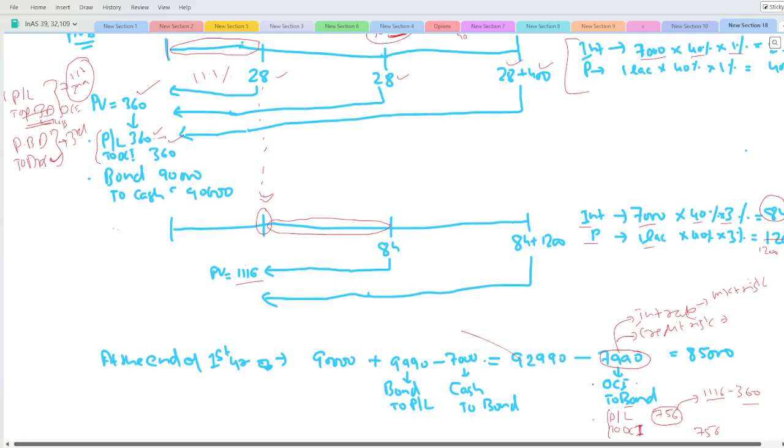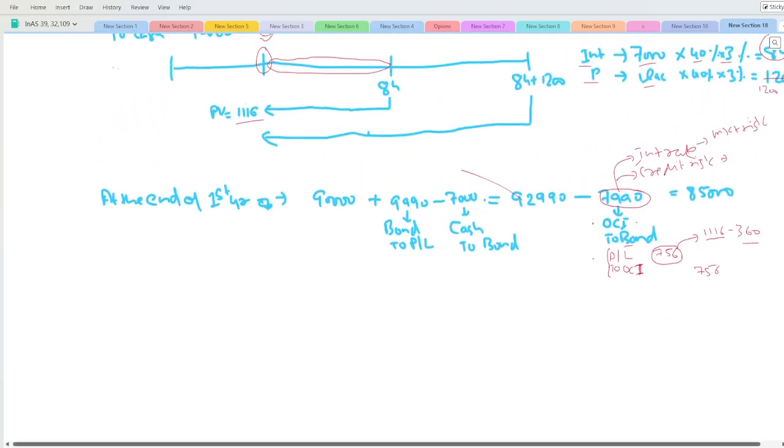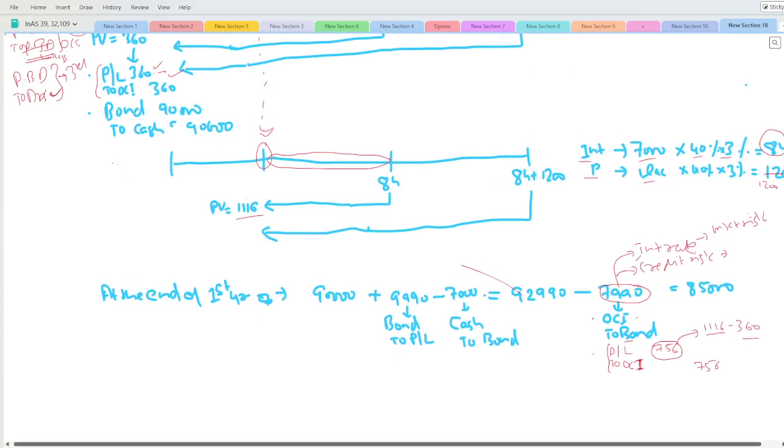Okay, just quickly I will be giving you the thought that for the second year you will be taking this balance, because it is in stage 1. And similarly if it is in stage 2 also, then also you'll be taking this balance.